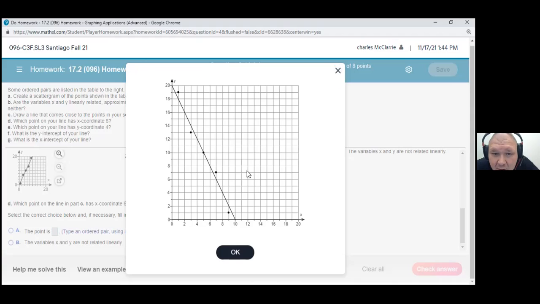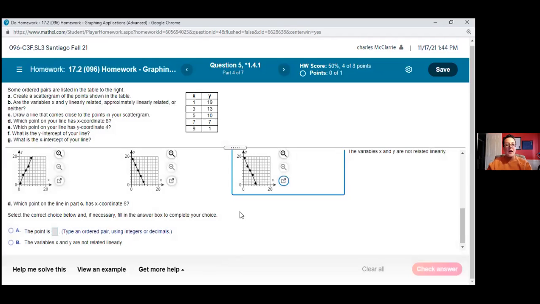Hold on a second. No, don't close it. Good. Right there. Now that's x coordinate 6, although we haven't hit the line. So go up until you hit the line. 8. Boom. That's your y coordinate. Yes. 6, 8. Perfect. Go ahead and click OK. And the ordered pair, you just said it, was 6, 8.